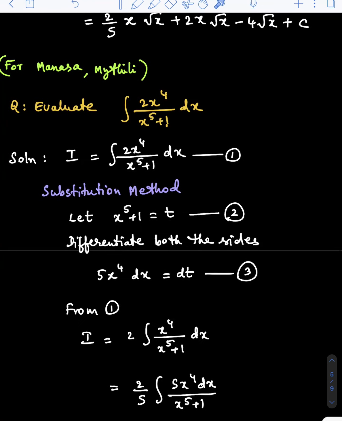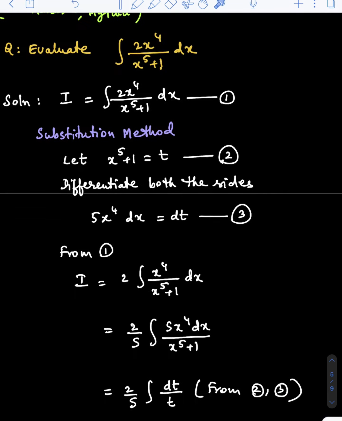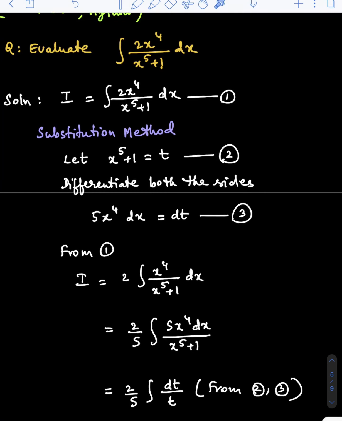So to get 5, in the last step, we are multiplying and dividing by 5, no? So 2 by 5 into 5x power 4 by x power 5 plus 1 dx. Because in place of 5x power 4 dx, we are going to substitute dt. And in denominator, we are going to put t. That is going to be done.